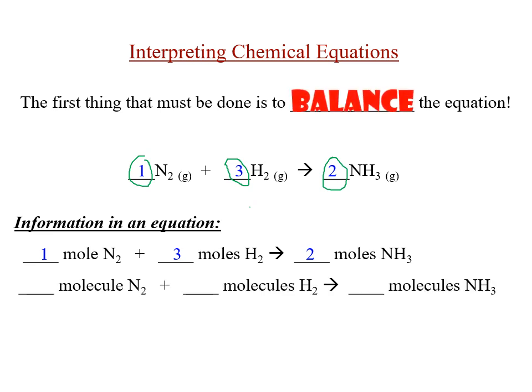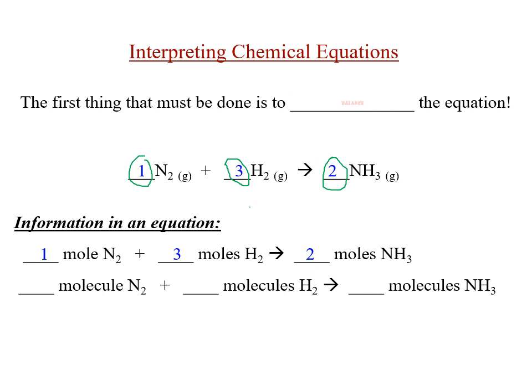The second way is in terms of particles. Now remember, particles are ions, atoms, molecules, and formula units. In this case, all of these are nonmetals. Nitrogen's a nonmetal, hydrogen's a nonmetal, ammonia is a nonmetal. So what we're looking at here is all molecules, but it could be ions, atoms, or formula units depending on the particular chemical formula.